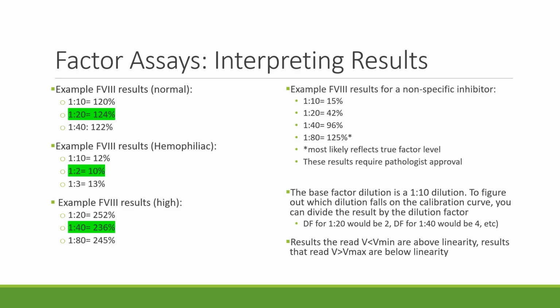So it's going to give us a value of 20. And yes, that does lie on the calibration curve. And then 13 divided by 0.33. That's going to be closer to 40. So we would choose the 1 to 2 dilution because it's the lowest dilution and it is on the calibration curve.